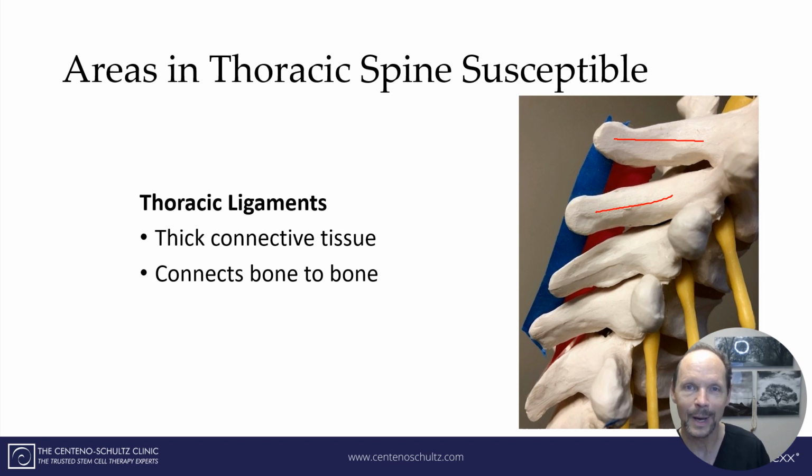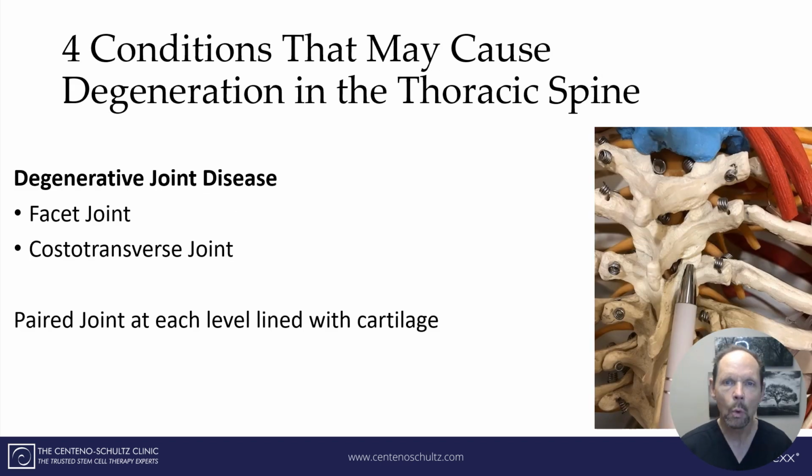They're known as the spinous process. And in between each of these are very, very important ligaments. This is the supraspinous ligament right here, and this is the infraspinous ligament. They provide significant stability. So what are the 4 conditions that can contribute to degeneration of the thoracic spine?